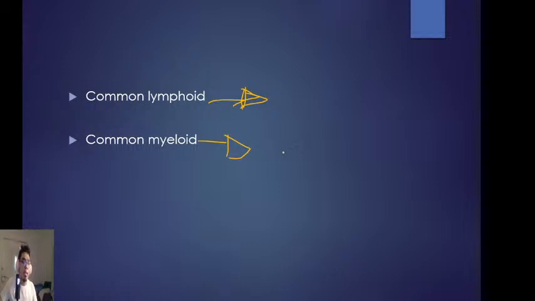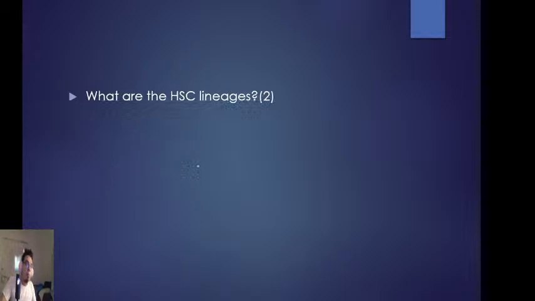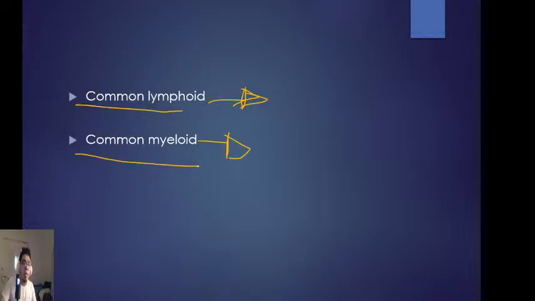That's the basic definition. But when you look at it from the molecular biology standpoint, the common lymphoid and the common myeloid are still considered the standard hematopoietic stem cell lineages. Why? Because of certain markers.